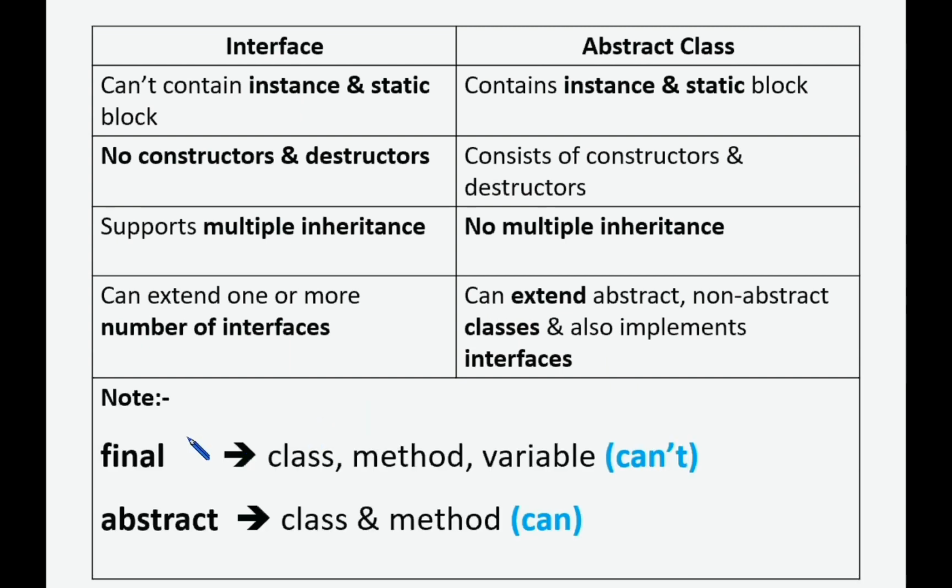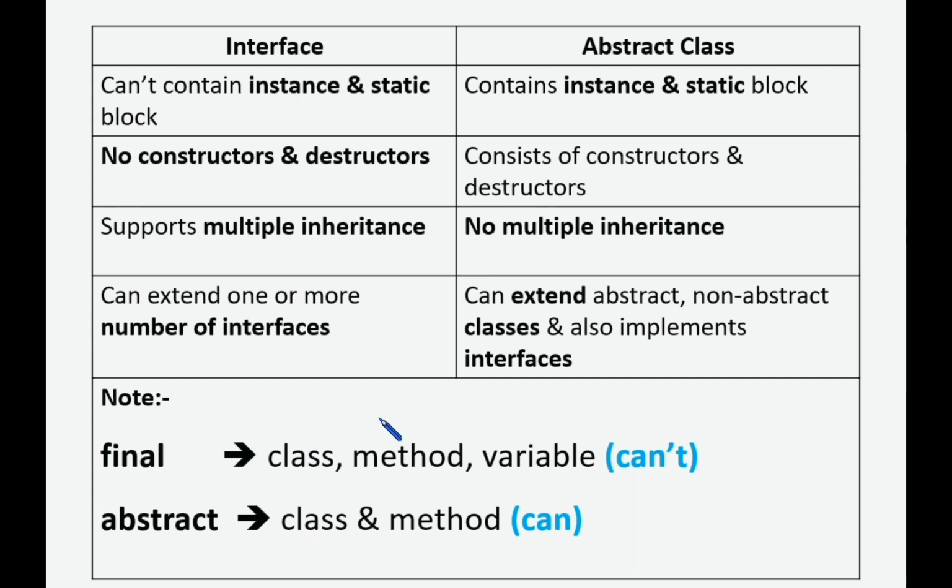So note it down. final is a keyword that can be applicable to a class, a method and a variable. Whereas the abstract modifier can be used in front of a class and a method. We can't have any abstract variable. Moreover, when we use final, everything is can't. If it is a final class, we can't inherit.